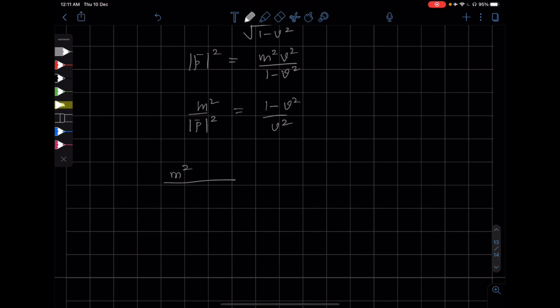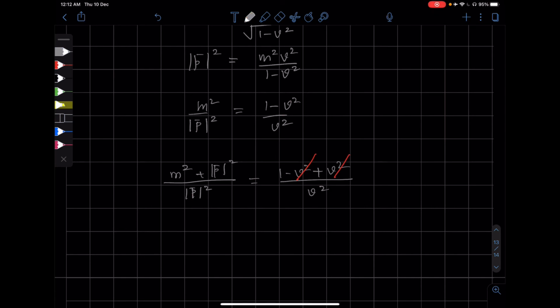On the left-hand side, I get m squared plus the three-dimensional momentum p mod squared, divided by p mod squared. And on the right-hand side, I get 1 minus v squared divided by v squared plus v squared divided by v squared. So here we see that the v squared cancels out.